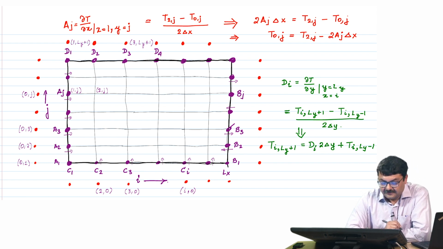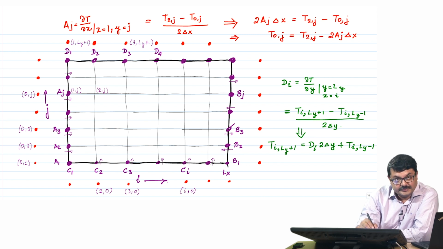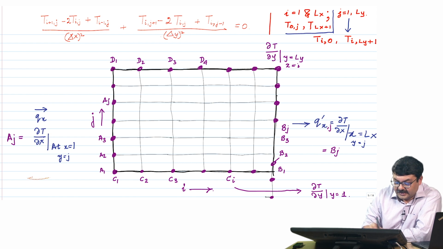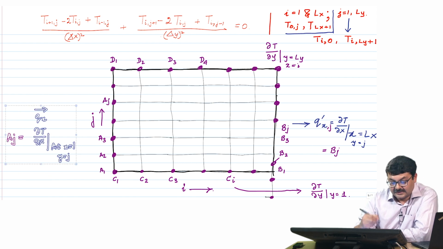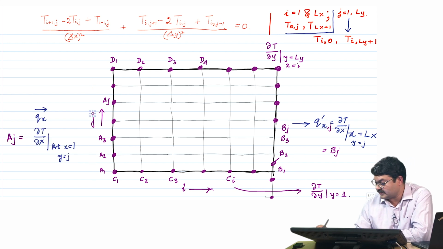Here we ask you to note that Aj is that heat current. So Aj is this heat current, that is what you are specifying, dT/dx along the boundaries instead of temperature.